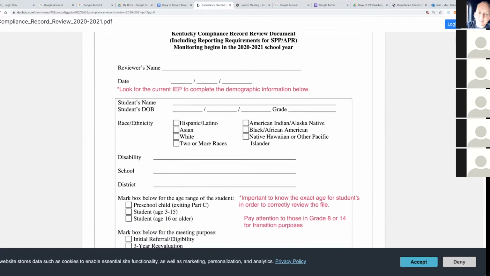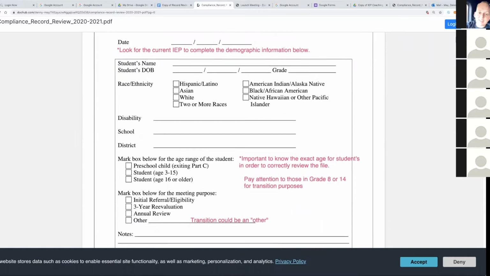The first thing you look for is the current IP to complete the demographic information below. Put your name up there at the top, put today's date, and then you're looking for current information. You're looking for the current IP, the current ARC notice, and the current conference summary. And then you just fill that out in its entirety.